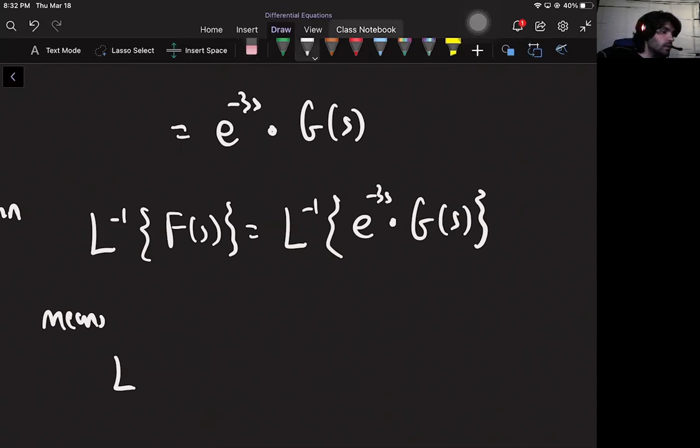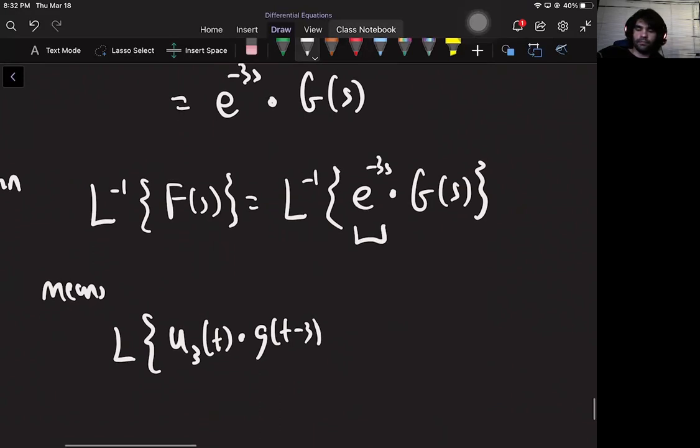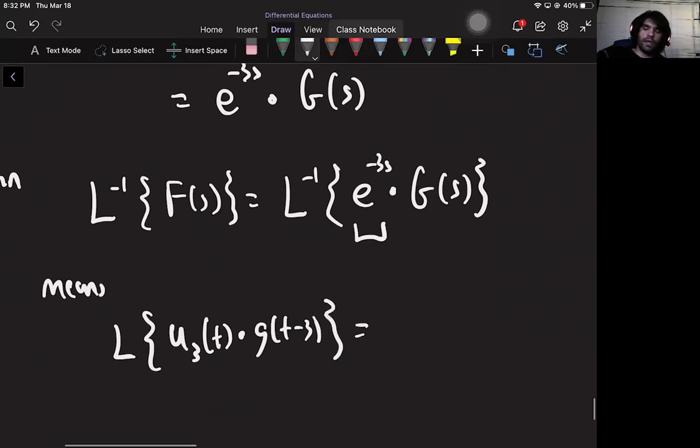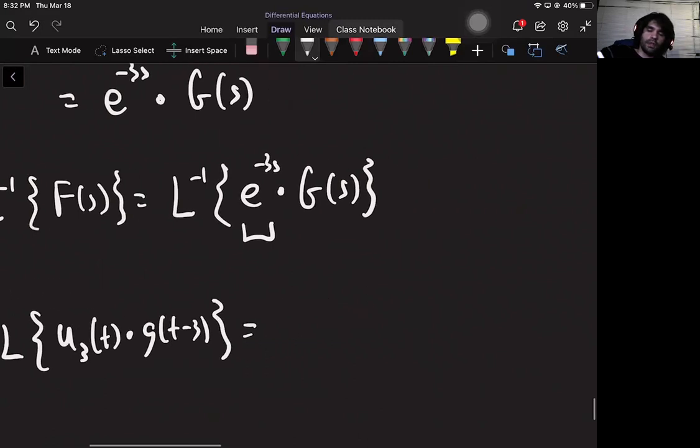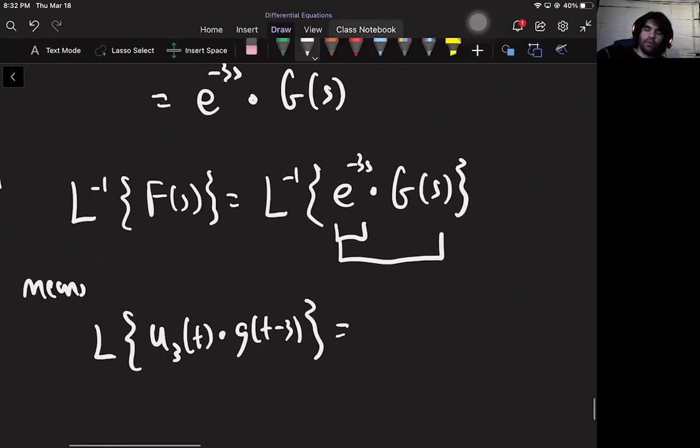So it means I must have had a step function starting at 3 times some function shifted by 3 for me to make this appear. And that is what's going to equal this inside of the inverse.